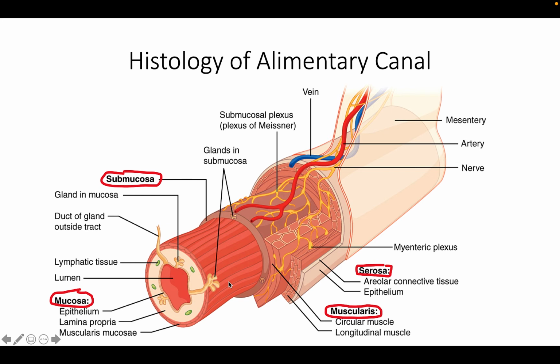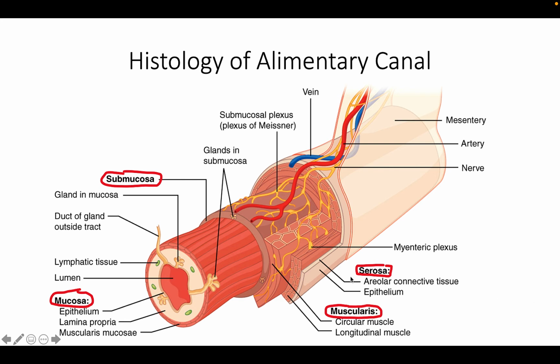The third layer of the alimentary canal is the muscularis, also called the muscularis externa layer, so like the external muscular layer. This muscularis in the small intestine is made up of a double layer of smooth muscle, an inner and an outer layer. The contractions of these different layers promote mechanical digestion, exposing more of the food to digestive chemicals and moving the food along the canal.